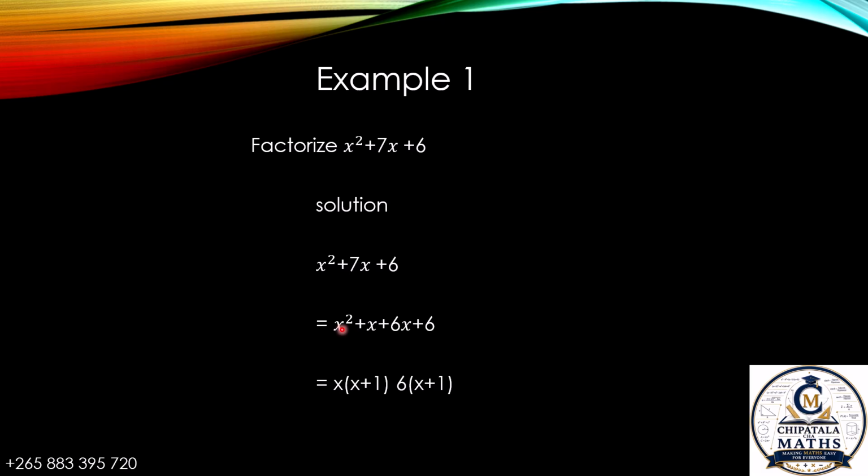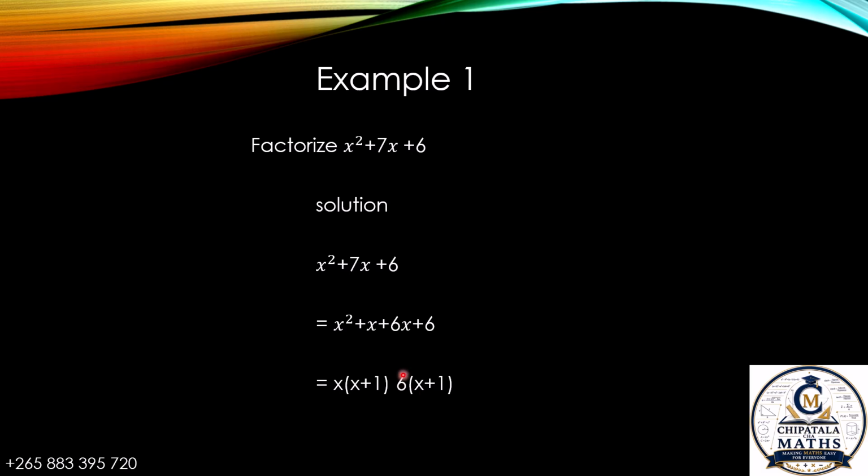Here the common number is 6, and when the 6 goes into 6x, it's 1 times x, which is x, and the 6 into 6 is 1.